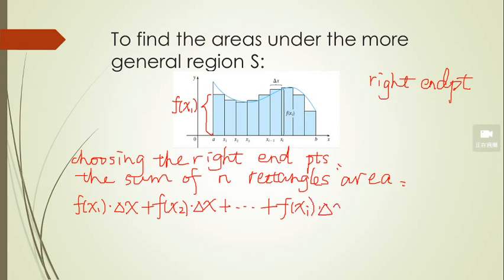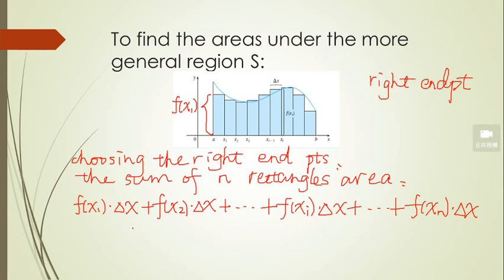Then until the last one, what is the height for the last one? Be careful, we already said b is called xn. So it will be f(xn), the height, times delta x, which gives the last rectangle's area.